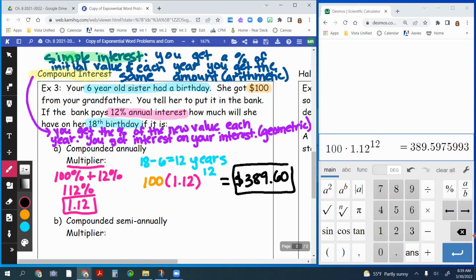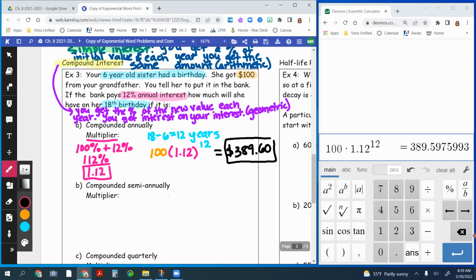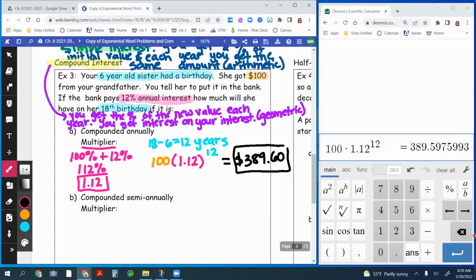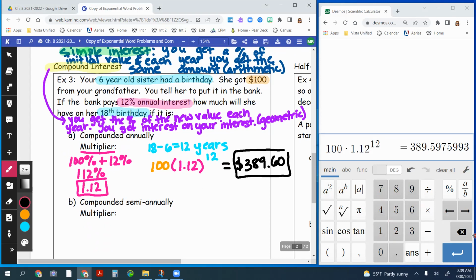Now, in the next one, she gets it semi-annually. And so she gets it semi-annually. What that means is she gets it twice a year. Now she doesn't get the 12% because each one of these is still 12% annual interest, but she doesn't get that 12% twice a year.